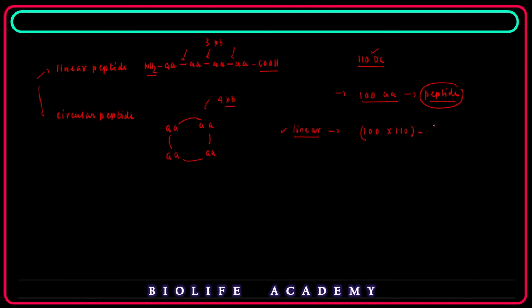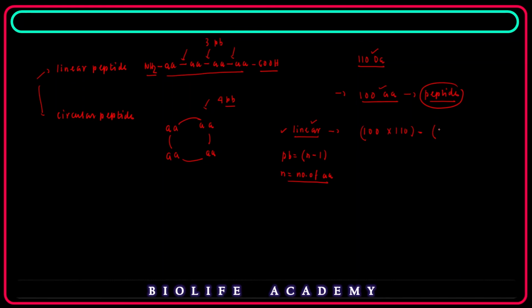Now how many peptide bonds are formed here? If there are 100 amino acids and it is linear, the total number of peptide bonds will be n minus 1, where n is the number of amino acids. If you have seen this, there are 4 amino acids and 3 peptide bonds, so the n minus 1 rule is applicable here.